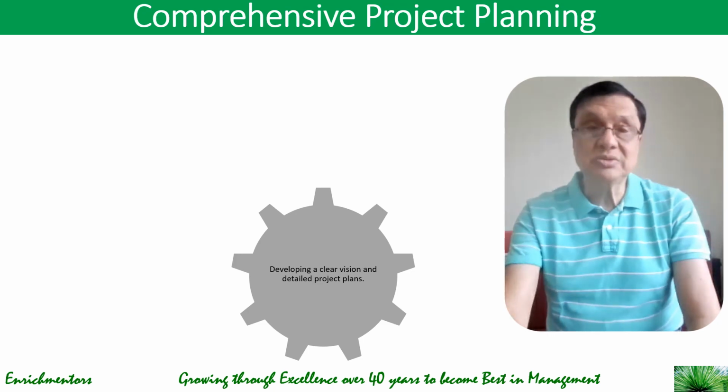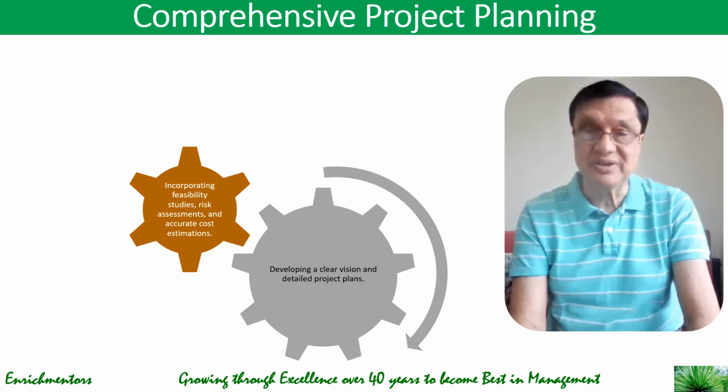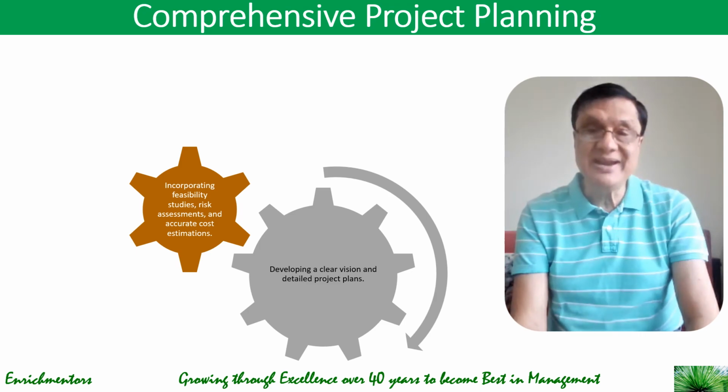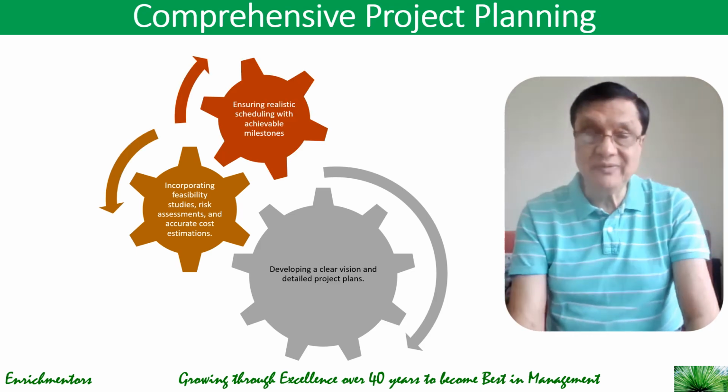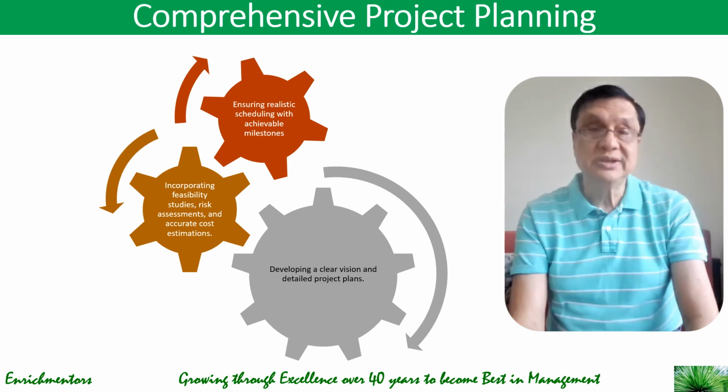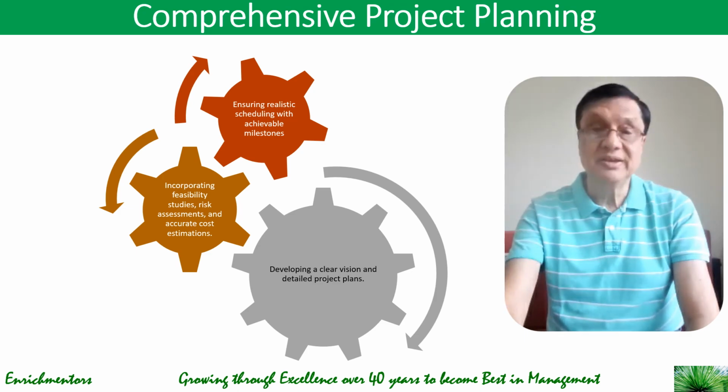Second, in this planning phase, you need to incorporate feasibility studies, risk assessments, and accurate cost estimations. And third would be to ensure that you have realistic scheduling done with achievable milestones. These are the three critical things that you need to do in the comprehensive project planning phase.